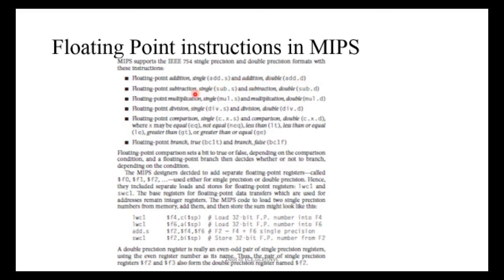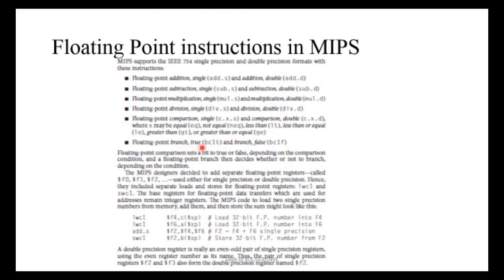Similarly for subtraction, multiplication, division, as well as comparison. Comparison is meant to check whether both are equal or not, less than, greater than, or greater than or equal. Next are the floating point branch instructions.